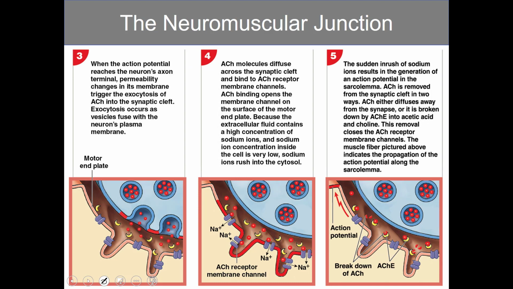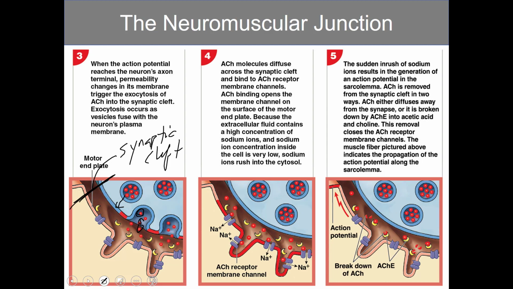These vesicles fuse with the plasma membrane of the neuron, and through that fusion, they pretty much dump the contents of the vesicle. So the acetylcholine is dumped out into a gap that exists between these two cells. This is called the synaptic cleft. It is a physical gap, and that's really why we need the neurotransmitter.